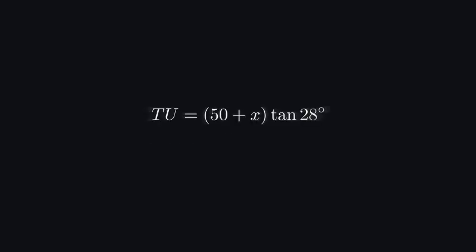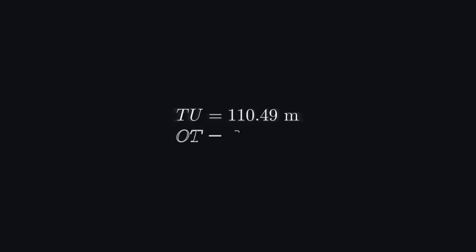TU equals 50 plus x tan of 28 degrees. x equals 157.8 meters. TU equals 110.49 meters. OT equals TU plus 1.7.